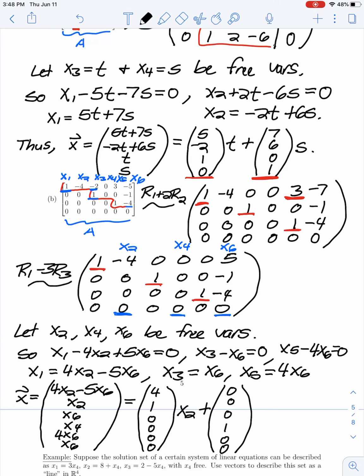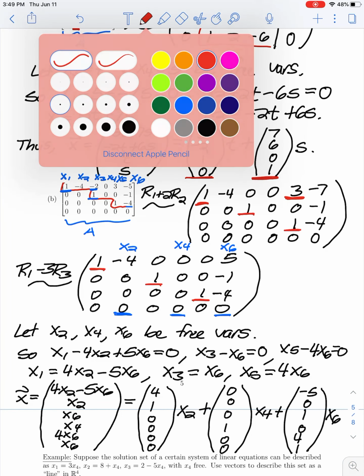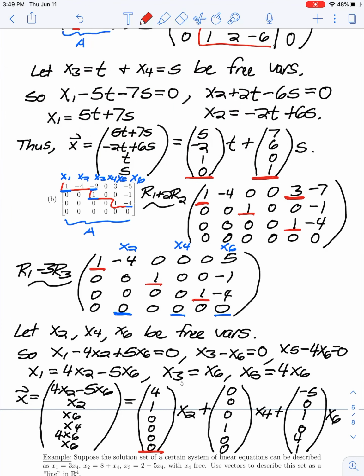So we have 0, 0, 0, 1, 0, 0 times x4. Plus, for x6, we had coefficients of -5, 0, 1, 0, 4, 1 times x6, where x2, x4, and x6 can be chosen as any real number. So here we have a solution set which is spanned by the 3 vectors shown here.